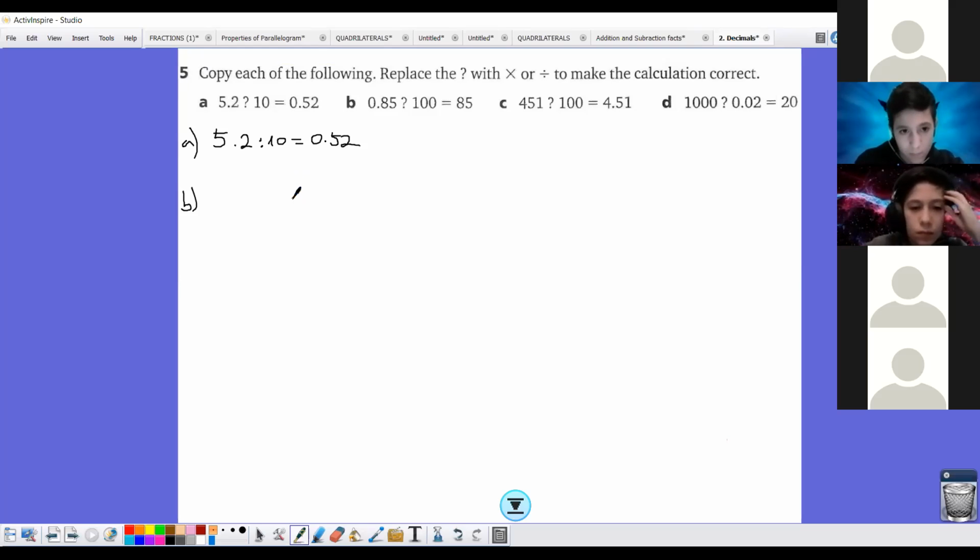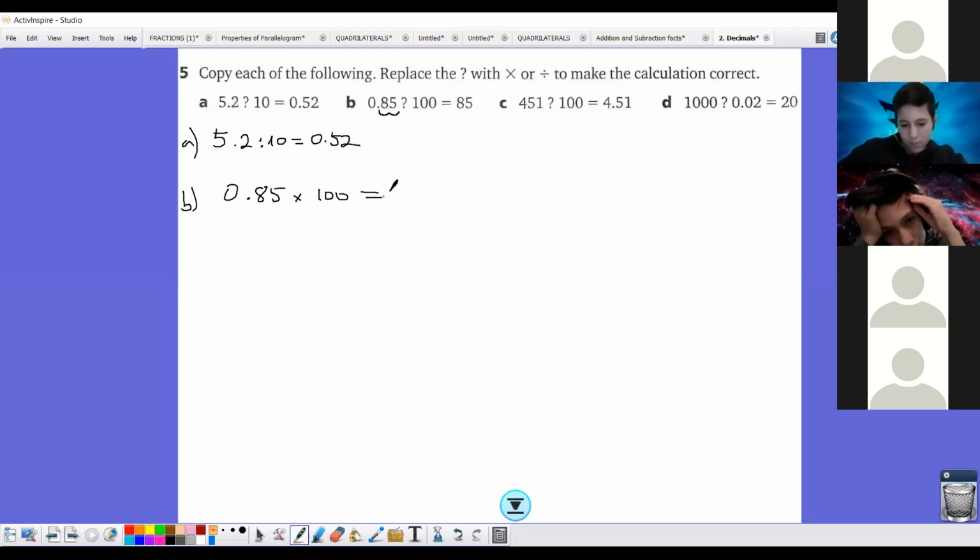Okay, Era Suleimani, yes. It's going to be multiplying, because the decimal point moves forward 2 places. So 0.85 times 100 will be 85.